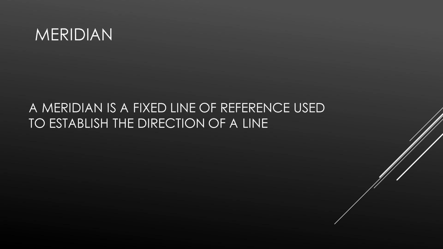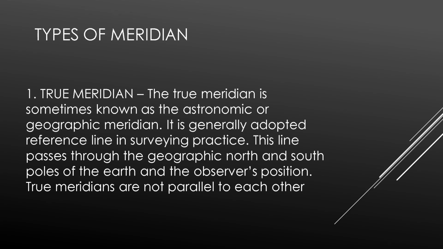Another is the magnetic meridian, then the grid meridian, and assumed meridian. Understanding the concept of a meridian is therefore essential because it serves as the basis for determining bearing and azimuths, which we will discuss in the succeeding parts of this lesson.